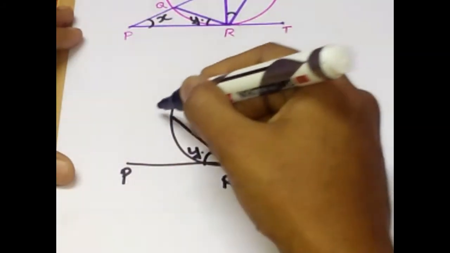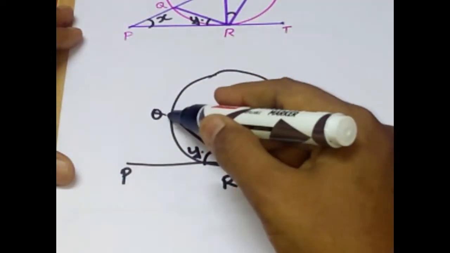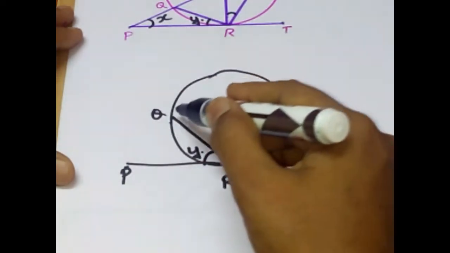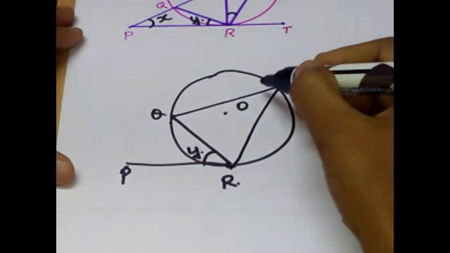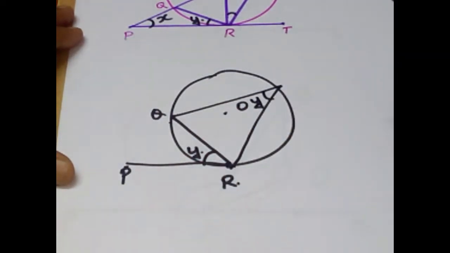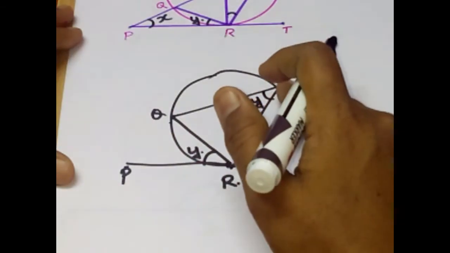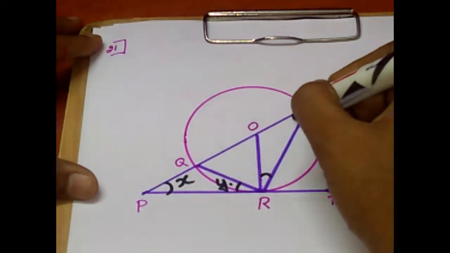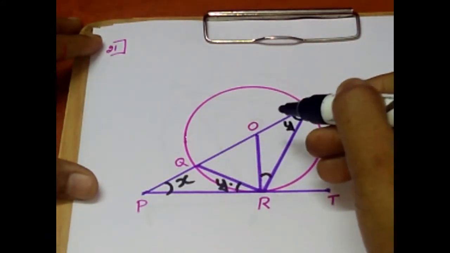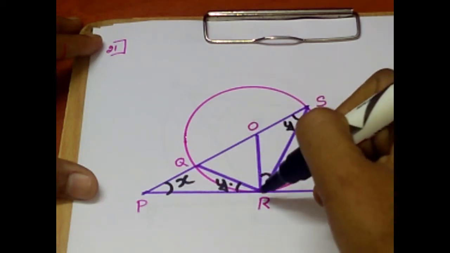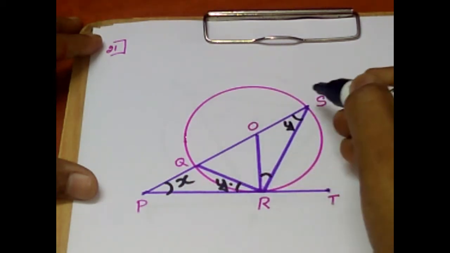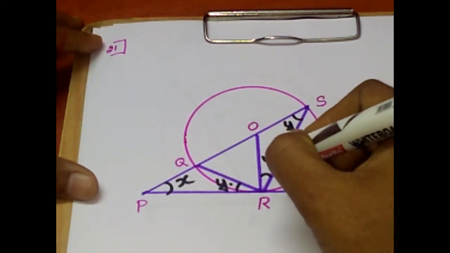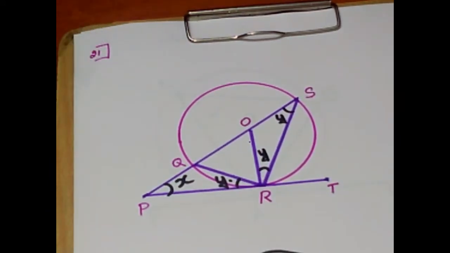At the point R, that is the intersection of a chord and a tangent, angle PRQ is equal to angle PSR. Hence this angle is Y. Reason is angles in the alternate segment. So let us mark this angle as Y. Now we know that OS is equal to OR, radii. Hence angle OSR is equal to angle ORS. This measure is also equal to Y. Let us write the solution.